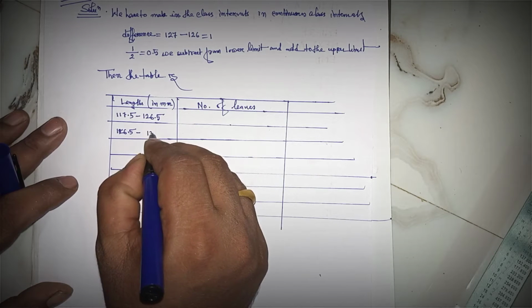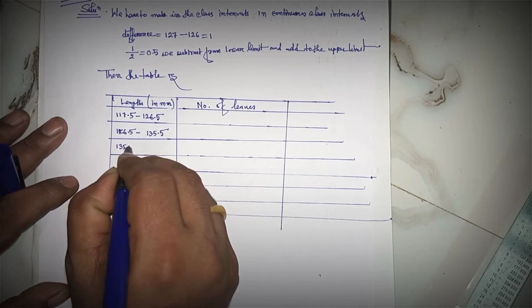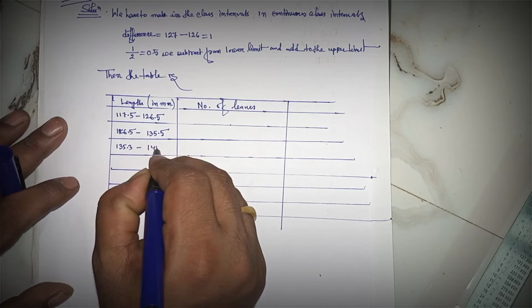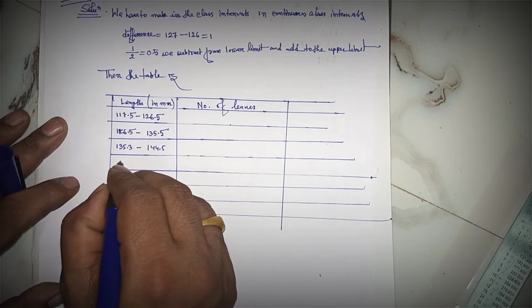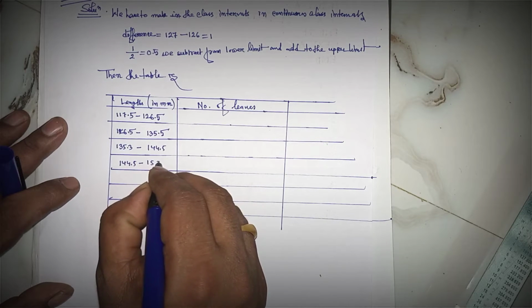So it becomes 126.5 to 130.5. Next is 130.5, and in a similar way 144.5, and next is 144.5 to 153.5.